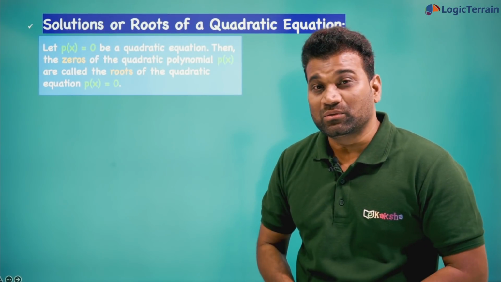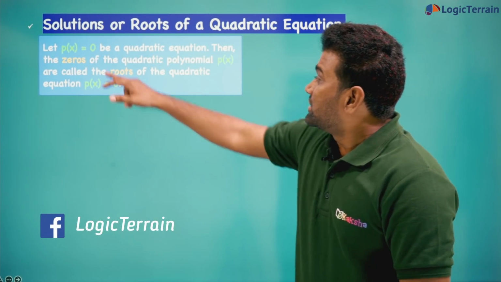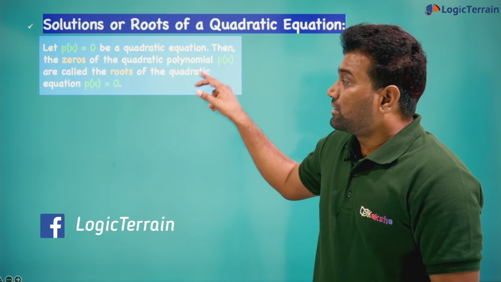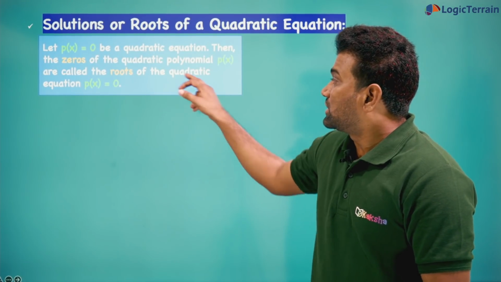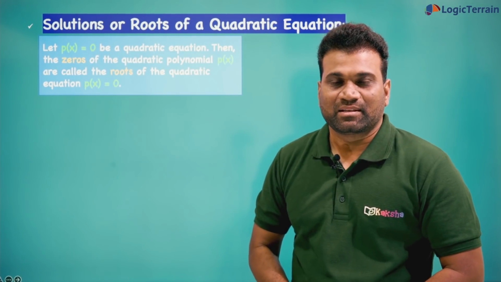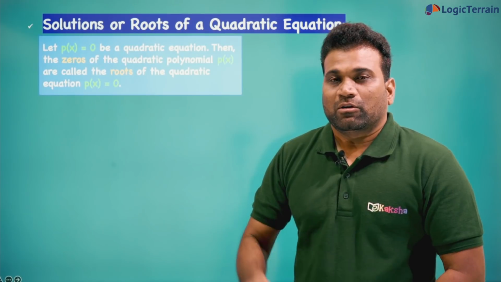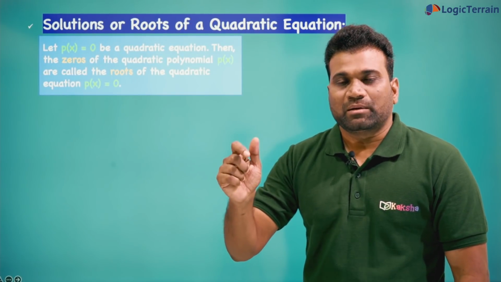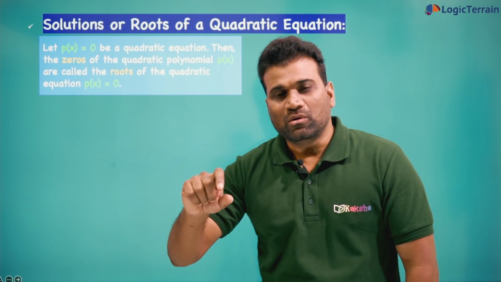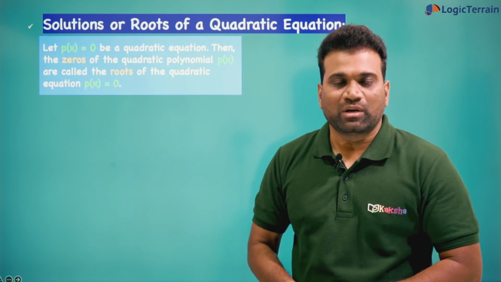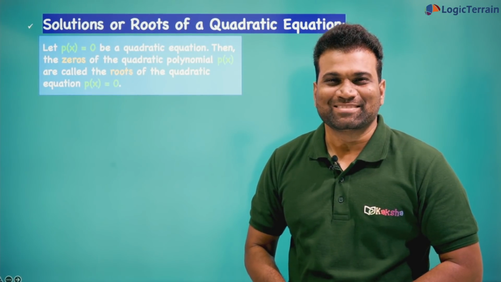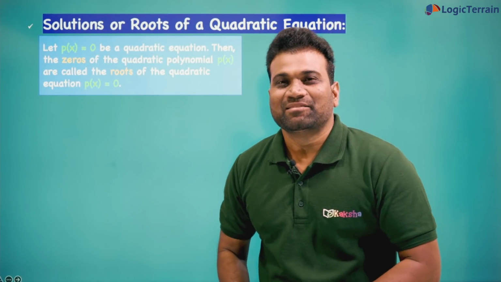Again, here you need to remember zeros of quadratic polynomial are same as roots of quadratic equation. And we know when a quadratic polynomial is equated to 0 or any constant, it becomes a quadratic equation. So let's see with an example.